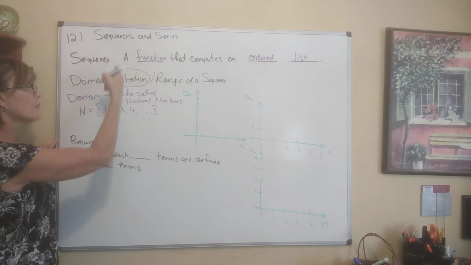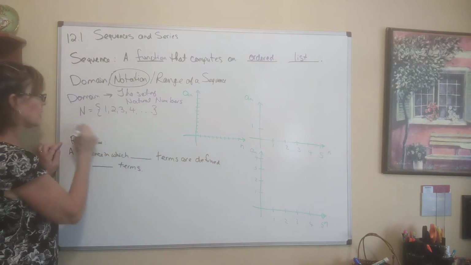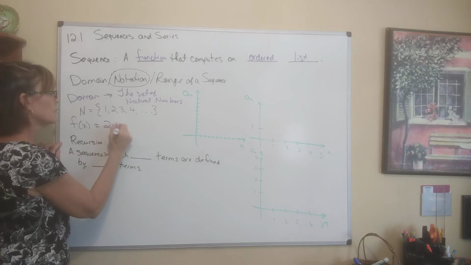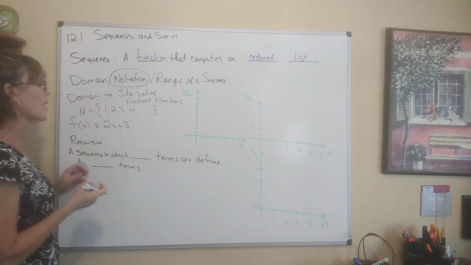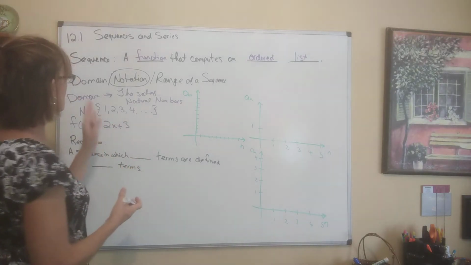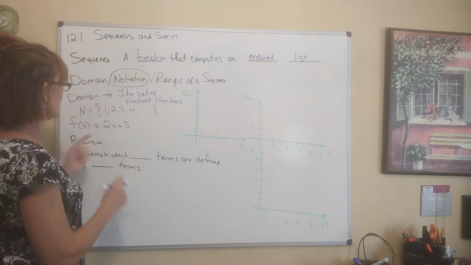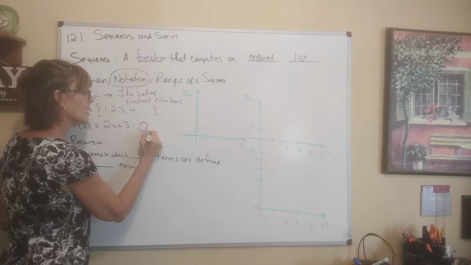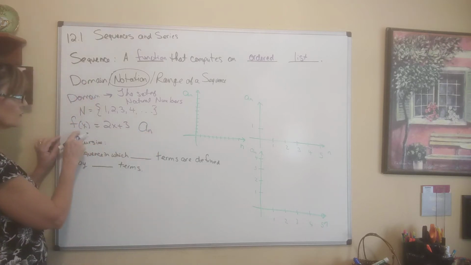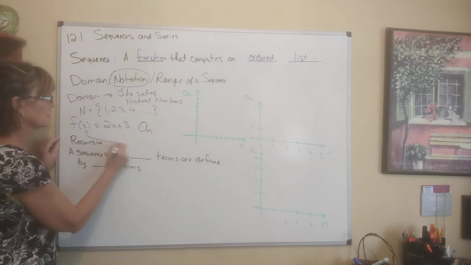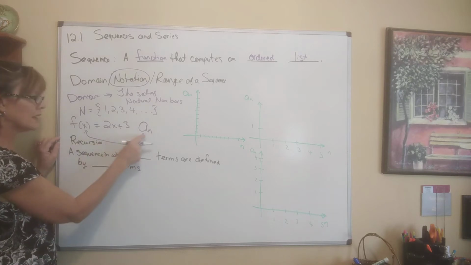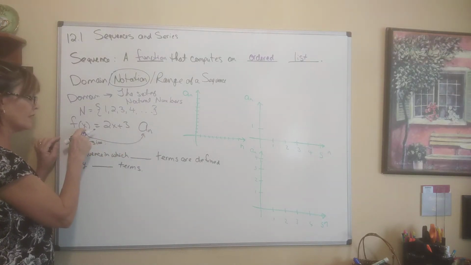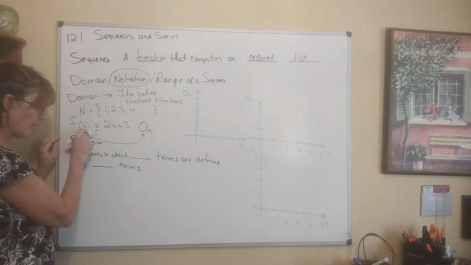The notation for a sequence: normally we have a function called f of x, maybe equal to 2x plus 3, let's say. Well, in our situation, if it's a sequence, instead of using f of x, we use a sub n. And n replaces the independent variable x, the domain.